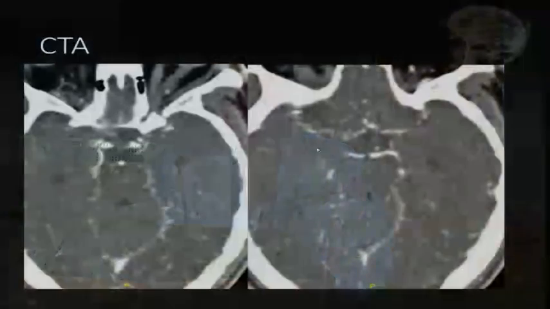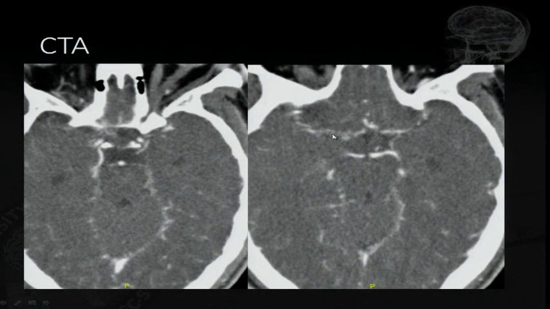And the other one that you want to look for is this fuzzy pattern of deep vessels in the MCA territory compared to an area that is completely devoid of vessels.